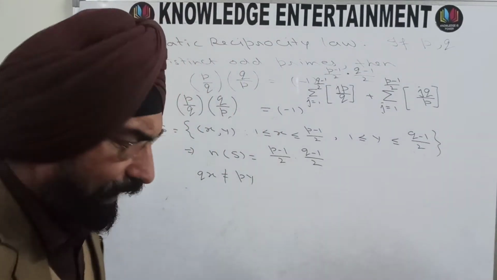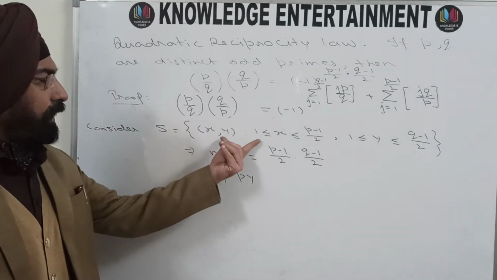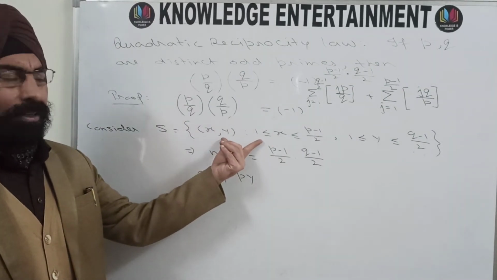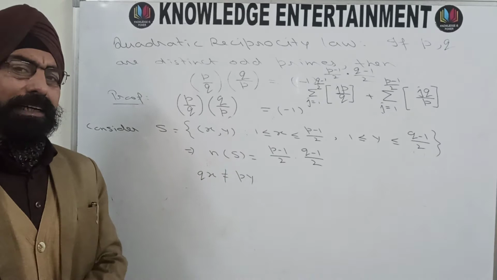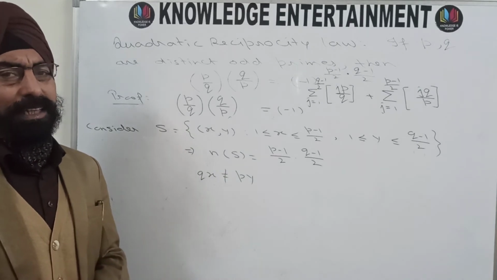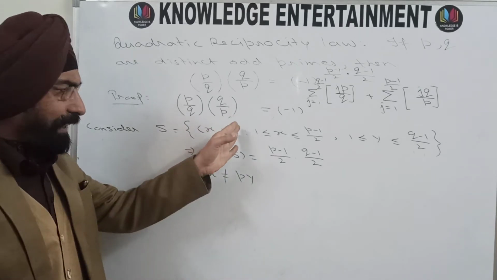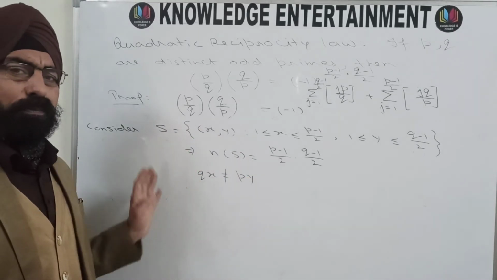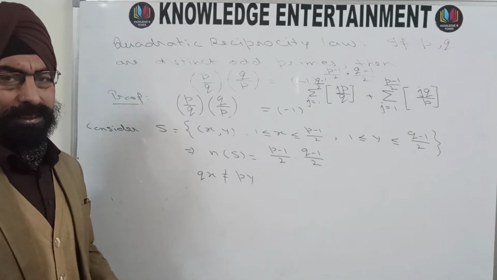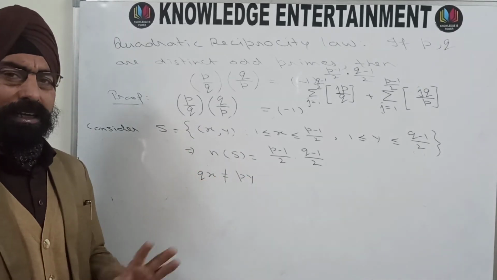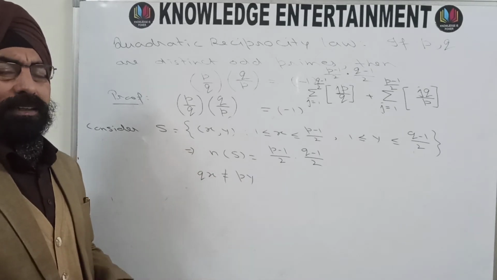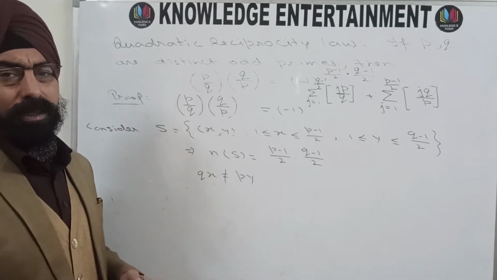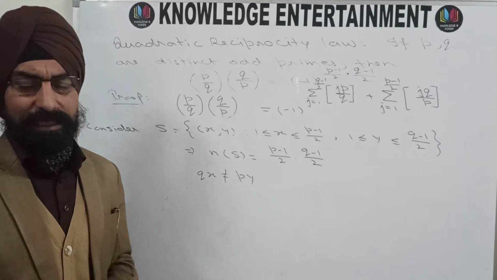So qx is definitely not equal to py. That means when you consider this set, either qx will be greater than py or qx will be less than py. So I am going to break this set into two parts. In one part I will take all those pairs for which qx is less than py, and in the other I will take those ordered pairs for which qx is greater than py.